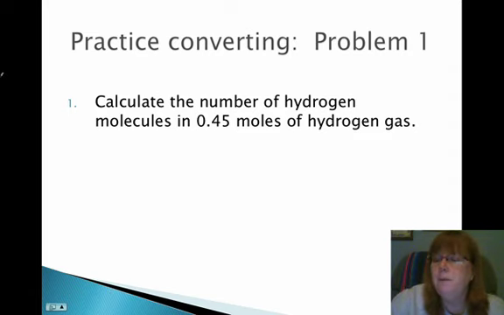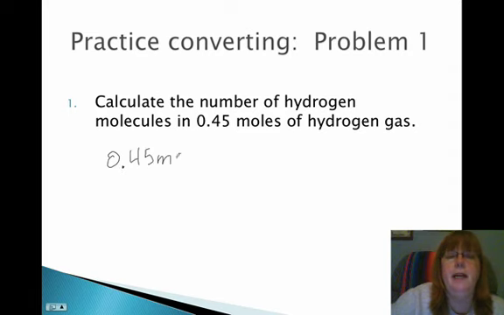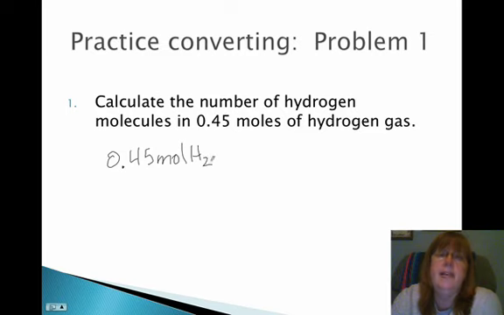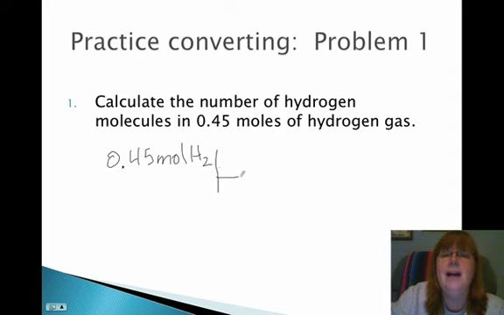We have 0.45 moles of hydrogen gas. And if we remember, hydrogen is diatomic. It's really important that you write down the number, the unit. The units will really help you, and then identify what it is. In this case, it's hydrogen. And they would like to know how many molecules there are. Well, molecules are tiny, so there's going to be a lot.